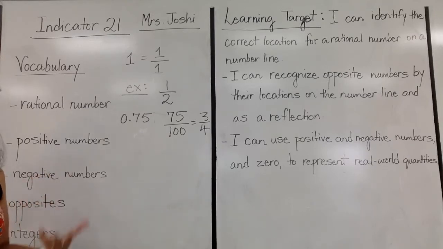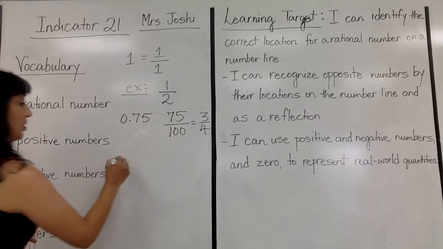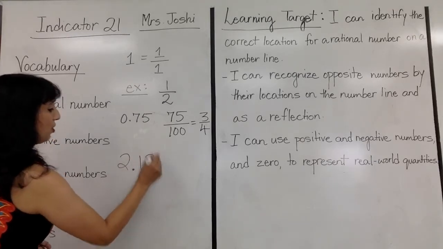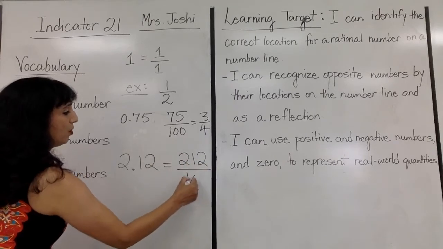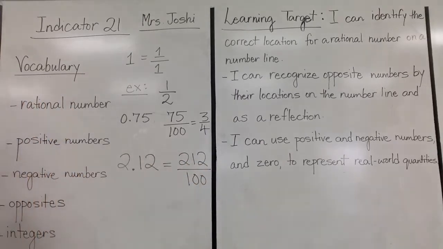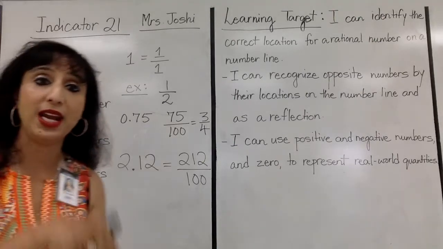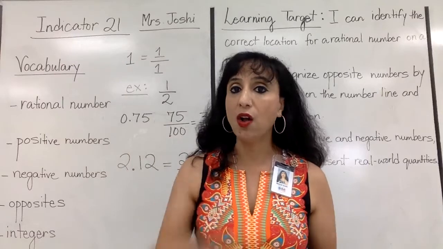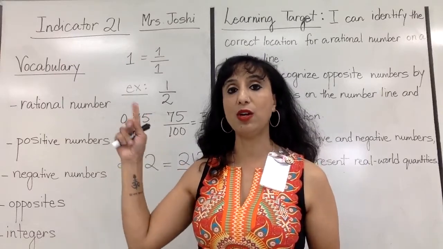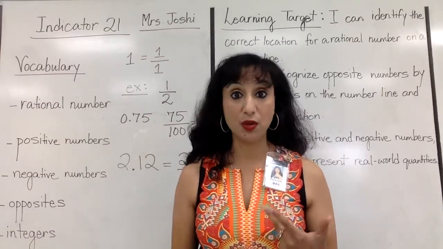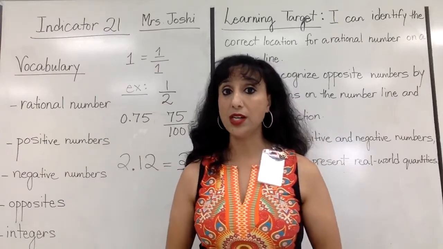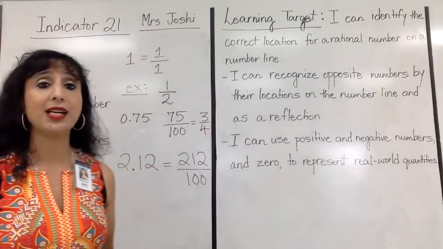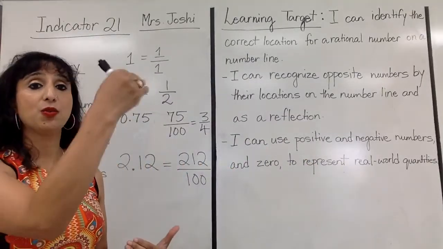2 and 1/12 is a rational number because this is 212/100. So these numbers which have a terminating decimal, or a whole number like 2, which is 2/1, are rational. And 2 and 1/12 is basically 2 wholes and 12/100.